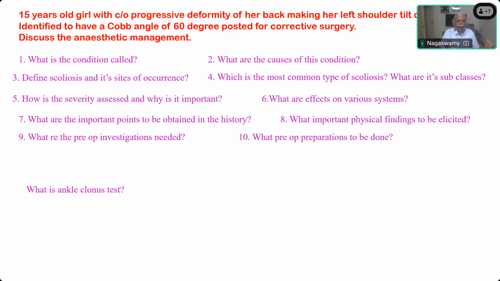Yes, if there is neuromonitoring, I will avoid a neuromuscular blocking agent, sir. Very good. And I'll try to avoid inhalational agents, sir. If required, I'll keep it less than 0.5 MAC, sir. Usually, I'll go with TIVA, total intravenous anesthesia. Yes.